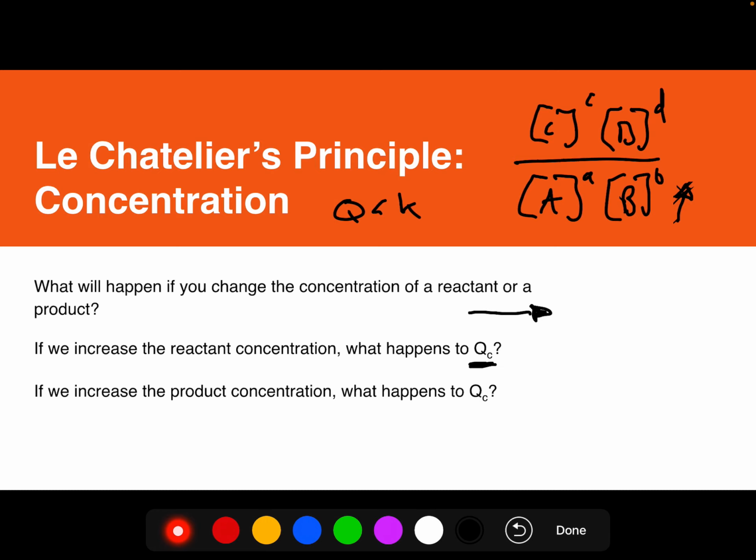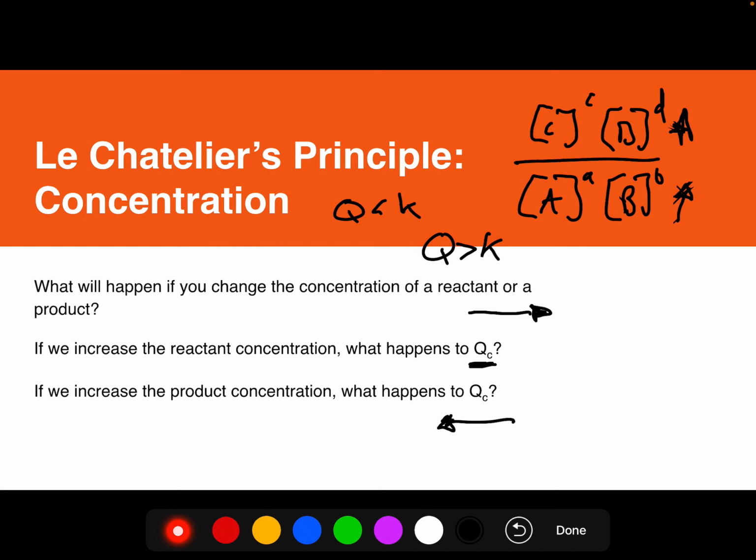The opposite happens if you increase the product concentration. This is going to go up, which means now Q is greater than K, and to get back to equilibrium, it's going to go backwards, to the left, toward reactants.